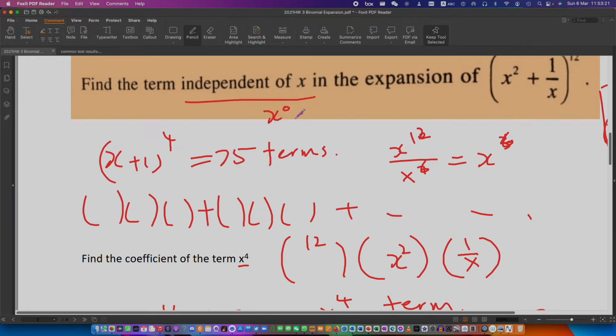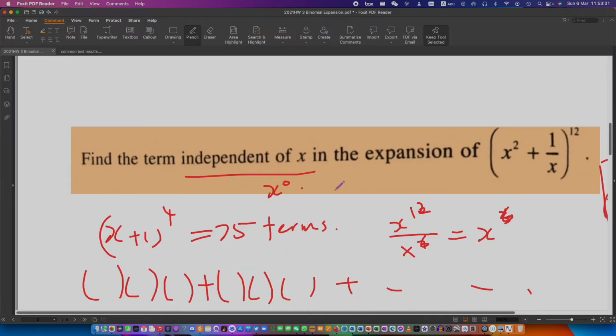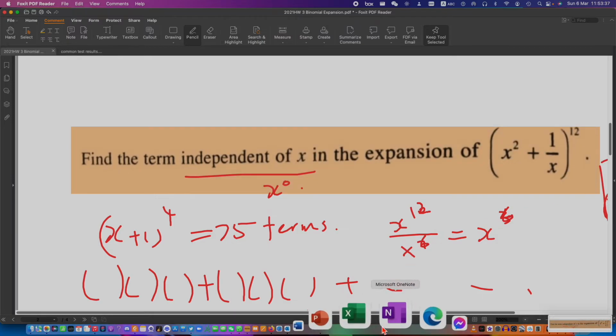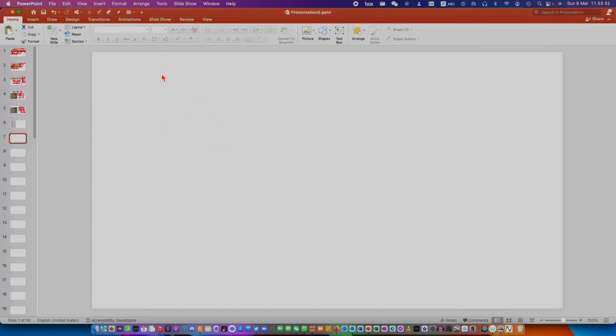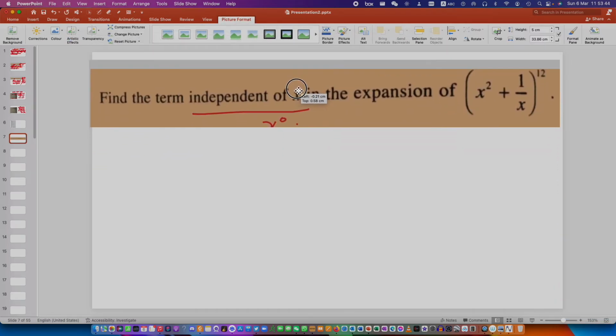What method did we use? Simultaneous equations, right? Therefore, you don't have to. You just make use of the general term formula. Let me show you. So instead of the simultaneous equation, you can use the general term formula.